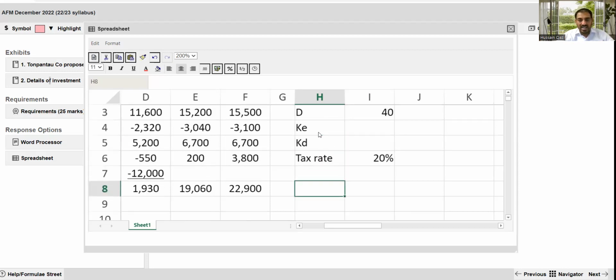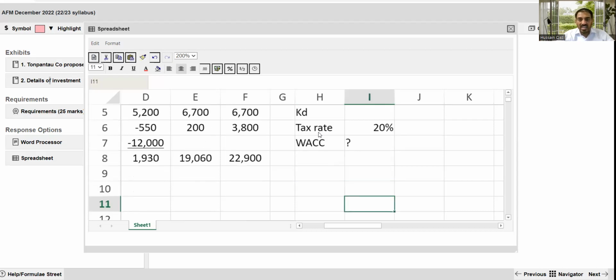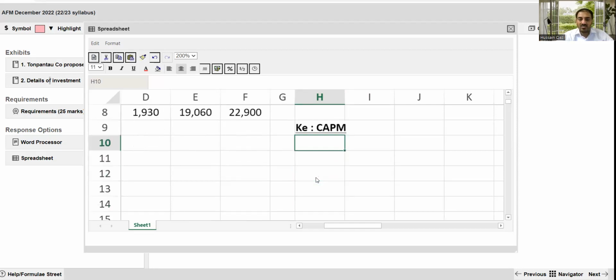Okay, now it's time for the WACC calculation, but for WACC we require KE and we require KD as well. There are two methodologies for KE: the dividend valuation model and the CAPM model. Here we will work with the CAPM model, the capital asset pricing model.